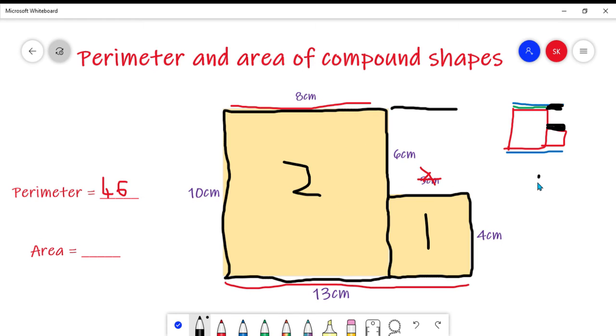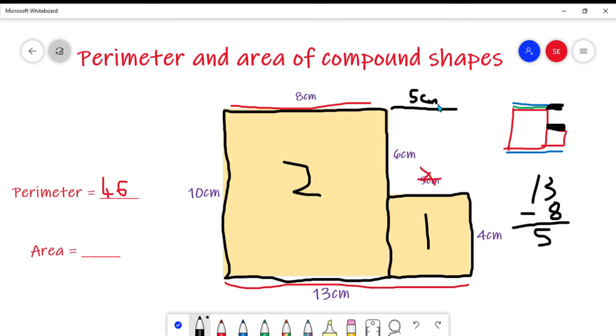So 13 take away 8 would give us an answer of 5. And then we put it here, 5 centimeters.